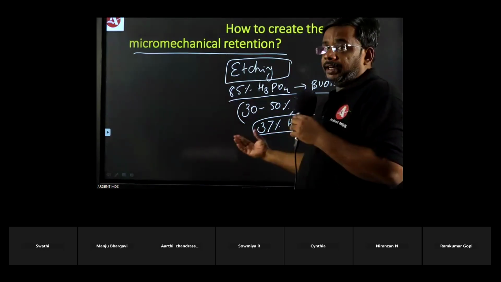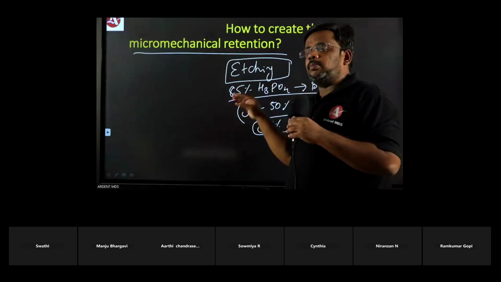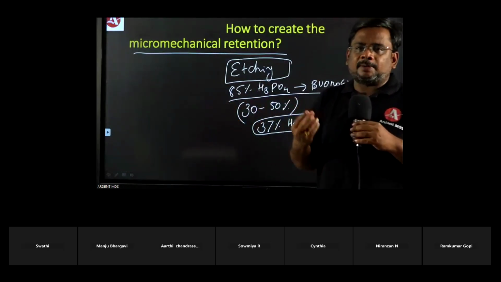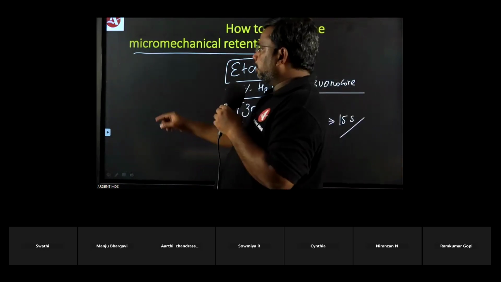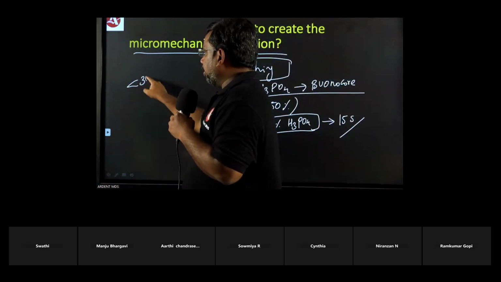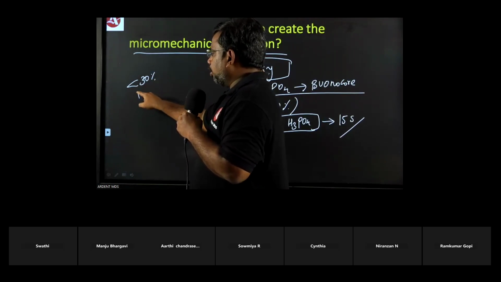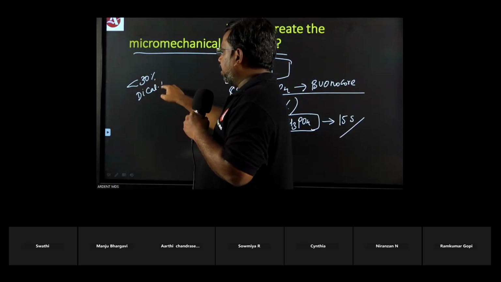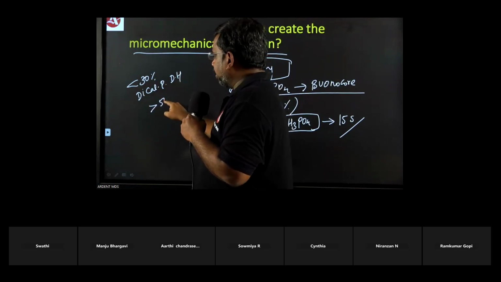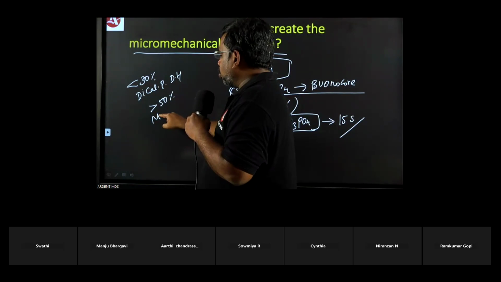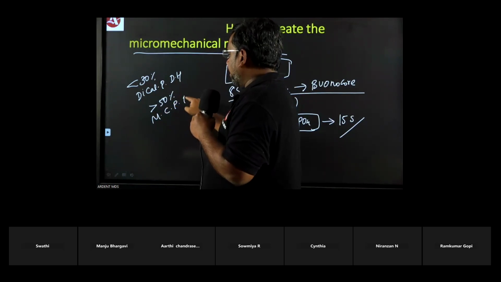What happens if it is less than 30 or more than 50? These are some of the expected questions in your exam. If it is less than 30, it creates a precipitate called dicalcium phosphate dihydrate. If it is more than 50, it causes monocalcium phosphate dihydrate.